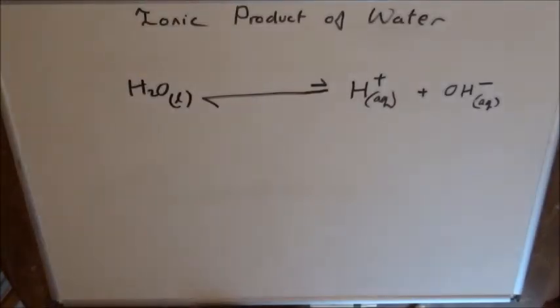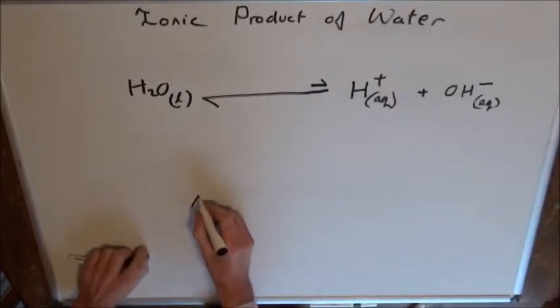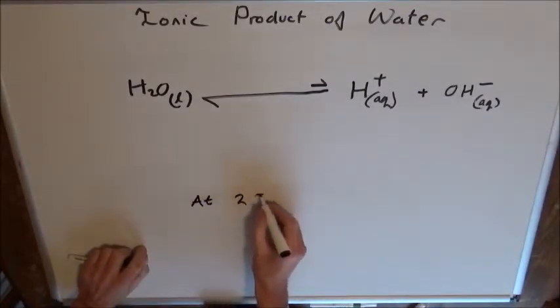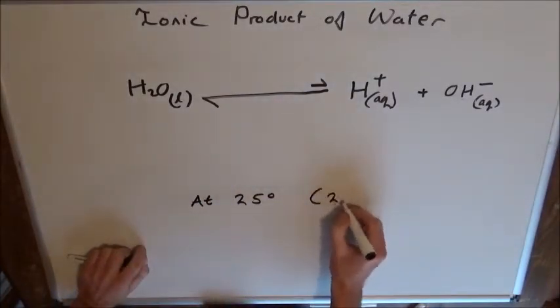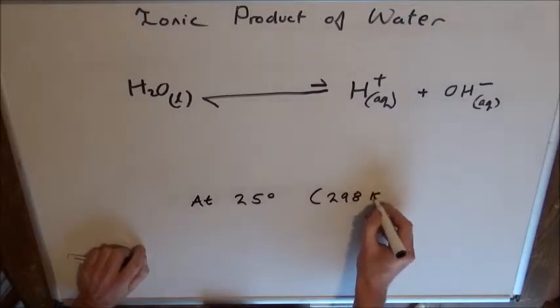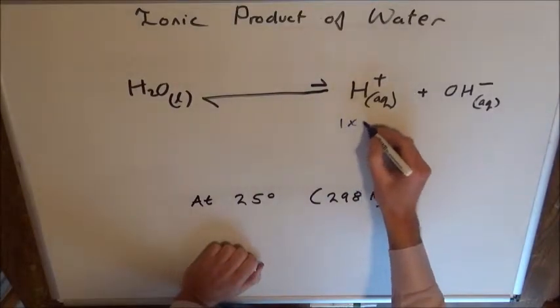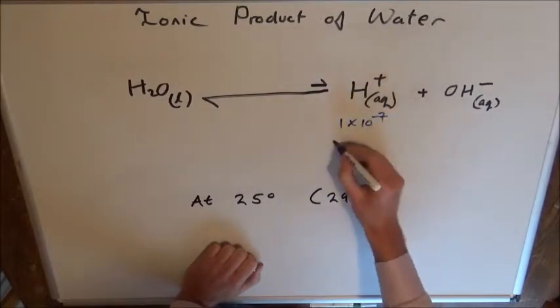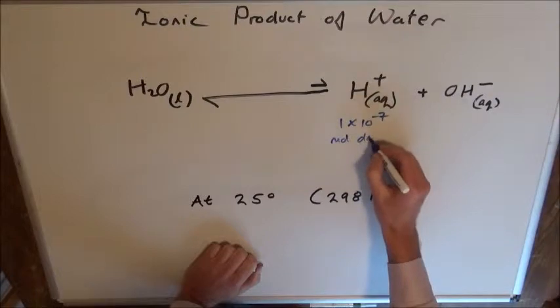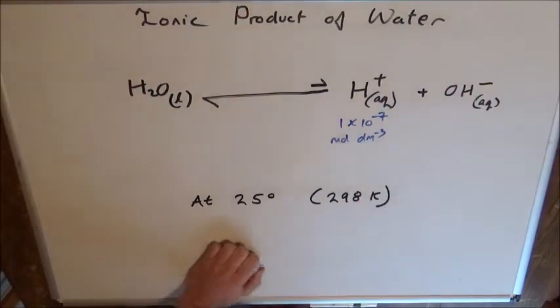So for example, at 25 degrees C, 298 Kelvin that is, the hydrogen ion concentration in pure water is 1 times 10 to the minus 7 moles per dm cubed.